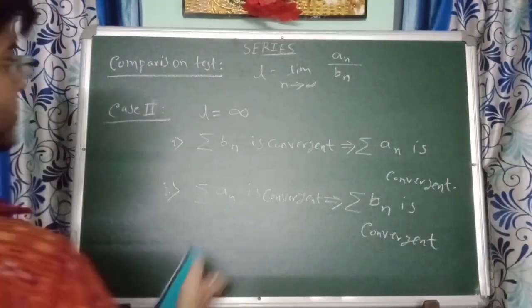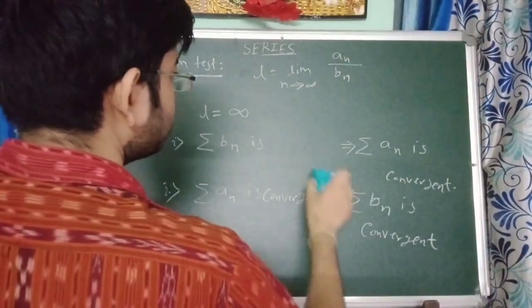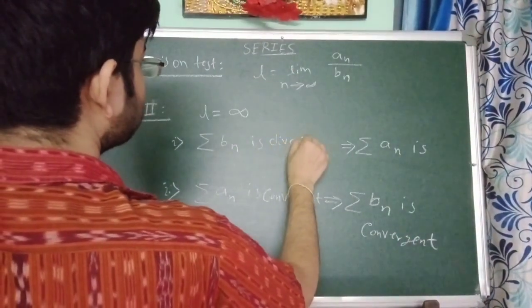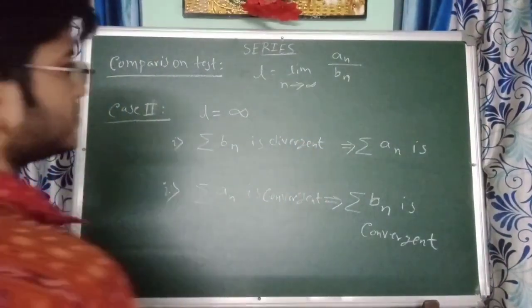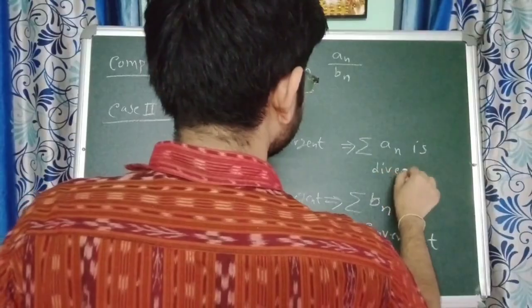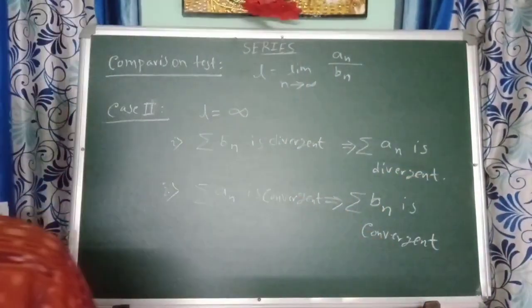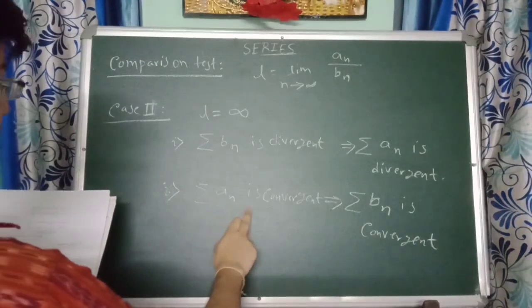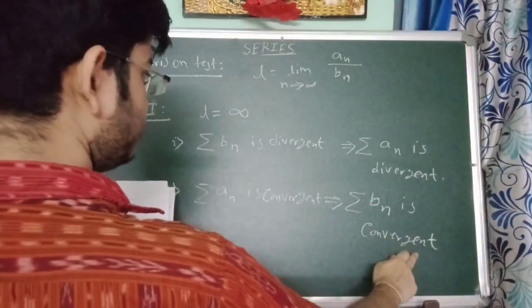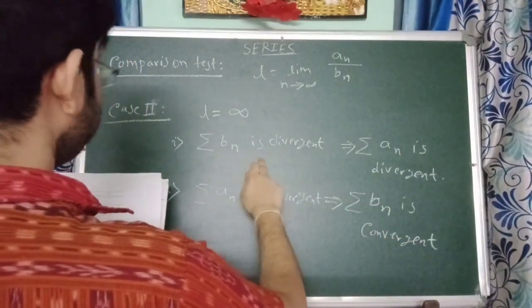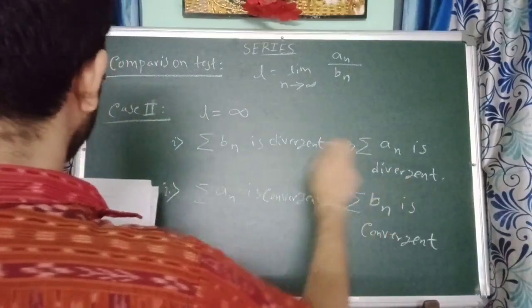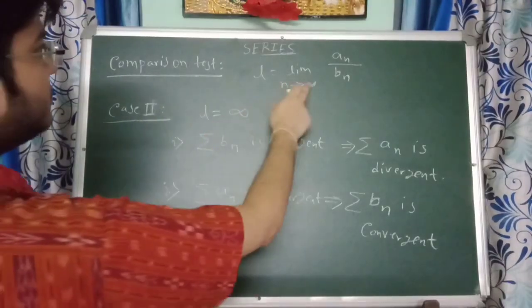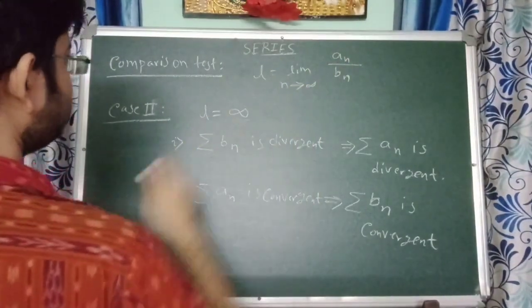And if summation b_n is divergent, this shows that summation a_n is also divergent. So this is the true result. When summation b_n is convergent, this implies that summation a_n is convergent, and when summation a_n is divergent, then summation b_n is also divergent. So this is the case when L is infinity, that is, the limiting value of a_n by b_n is infinity.